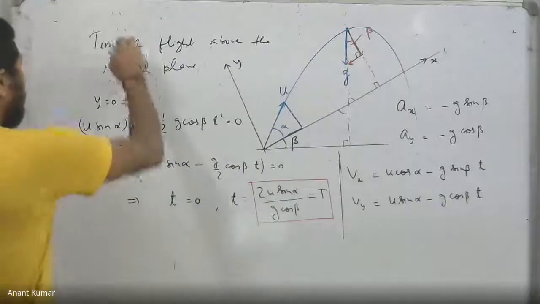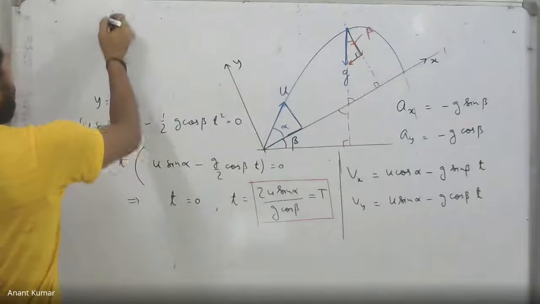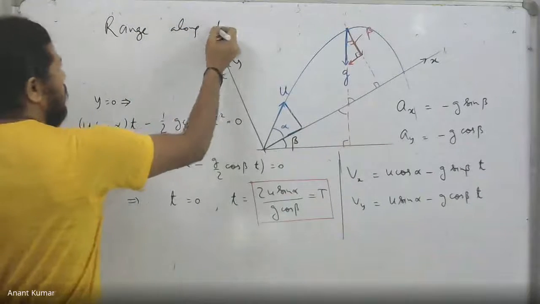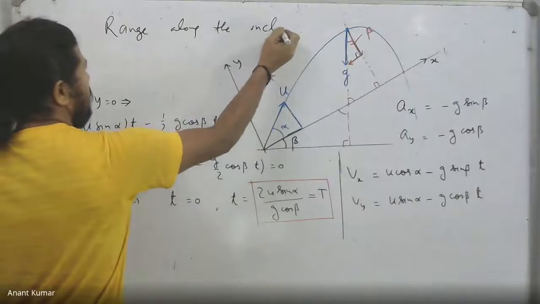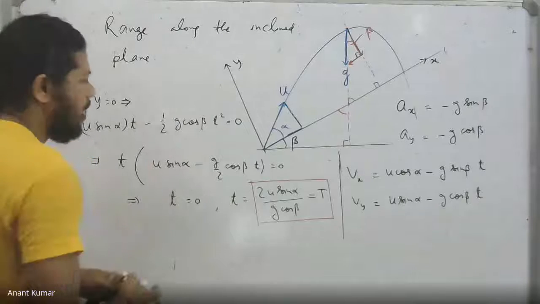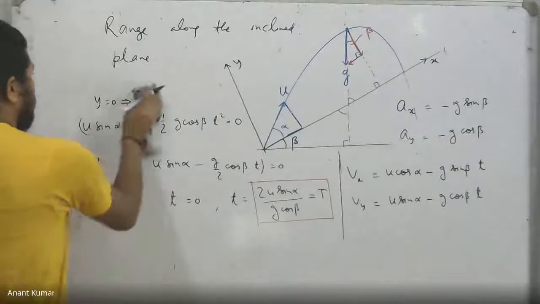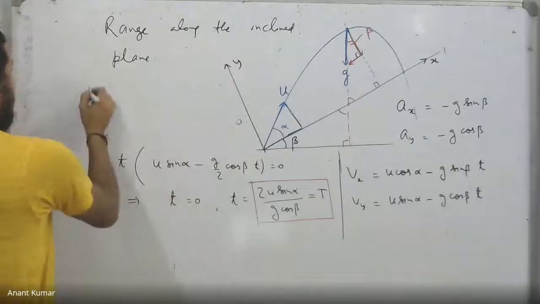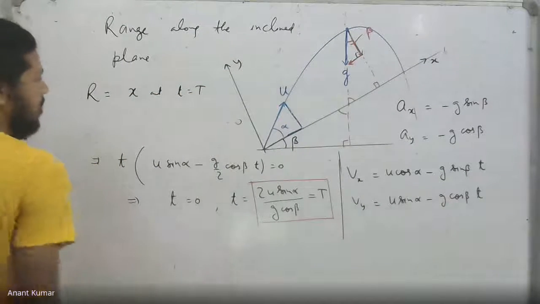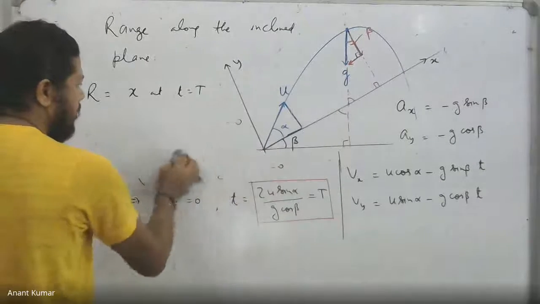So the range along the inclined plane will be nothing but the x coordinate at the time capital T, the same thing as x at t equal to capital T. We just put this value of capital T in the equation of the x coordinate, which I wrote down a bit earlier.